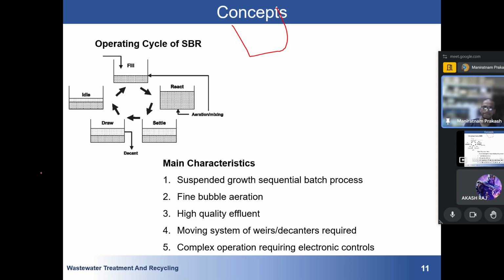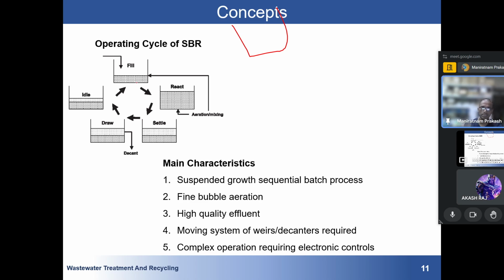So what will happen is that first wastewater will be filled, then a definite amount of time will be given through each chamber. It will first be filled, then there will be some reaction, meaning decomposition, then it will be settled, or whatever organic matter was produced will settle down, and then the clear water will be drawn out, and the sludge will be passed, and similarly this will keep going.